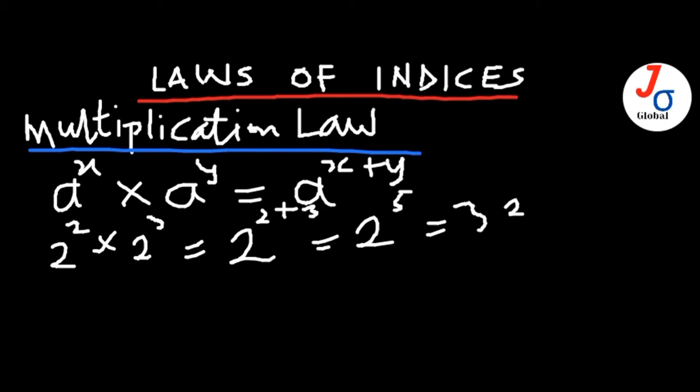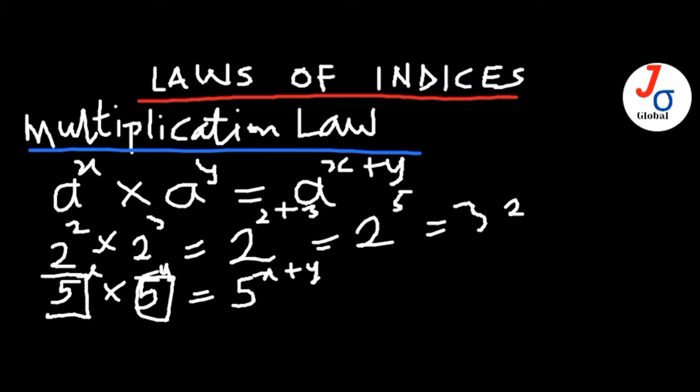Or what about if I have 5 to the power of x multiplied by 5 to the power of y? I would get 5 to the power of x plus y. They have a common base. Right, good.